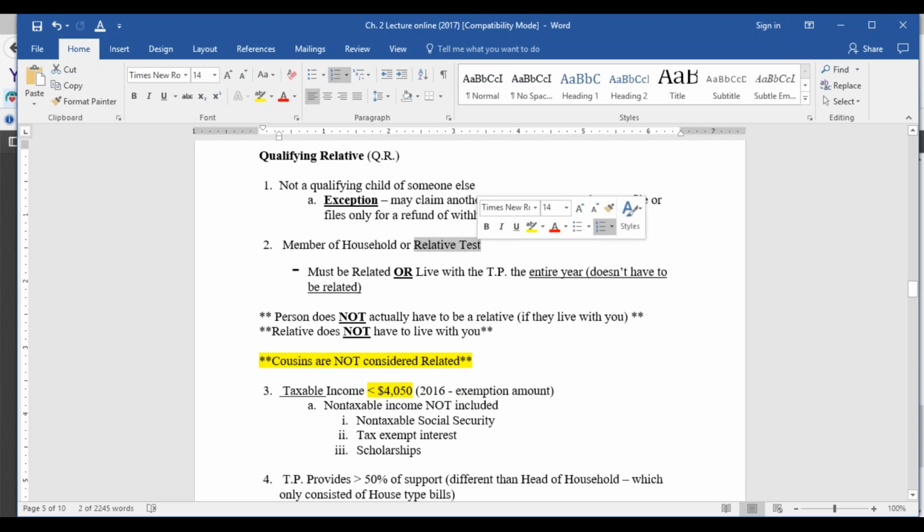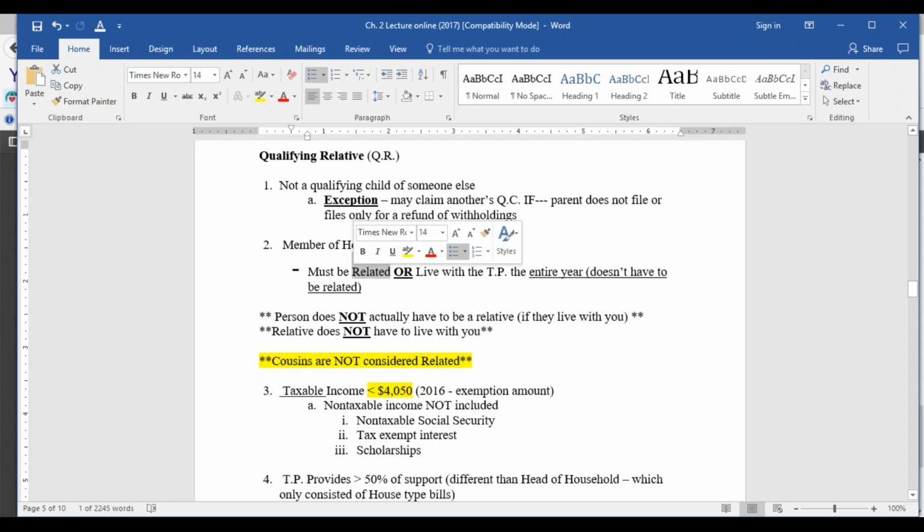Relative, again, does not mean cousins. So they must be related, and if they're related, they don't necessarily have to live with you. Or if they're not related, like a cousin, they have to live with you the entire year to be considered a qualifying relative.